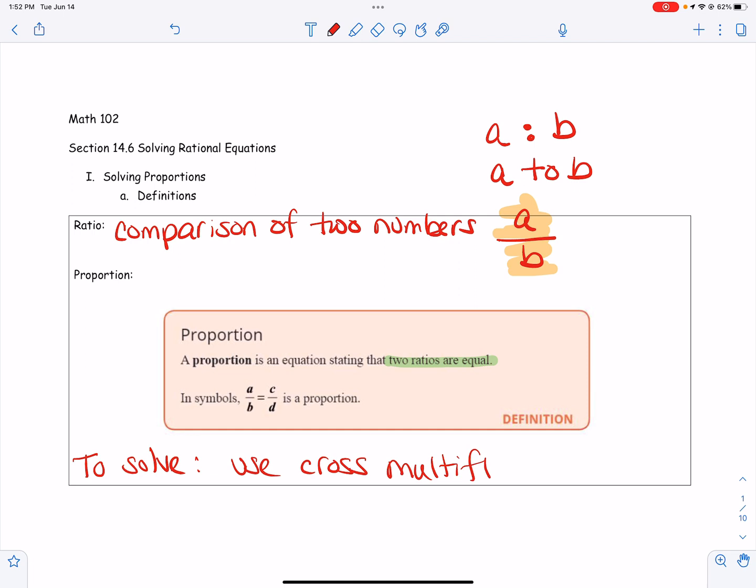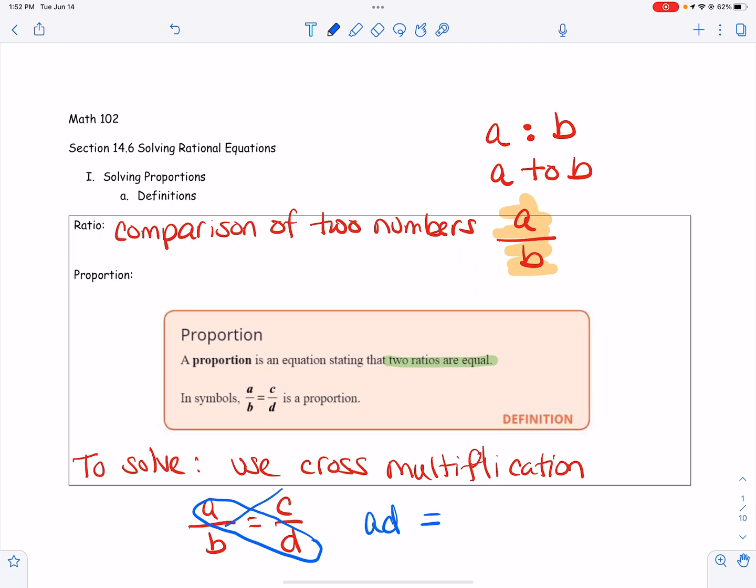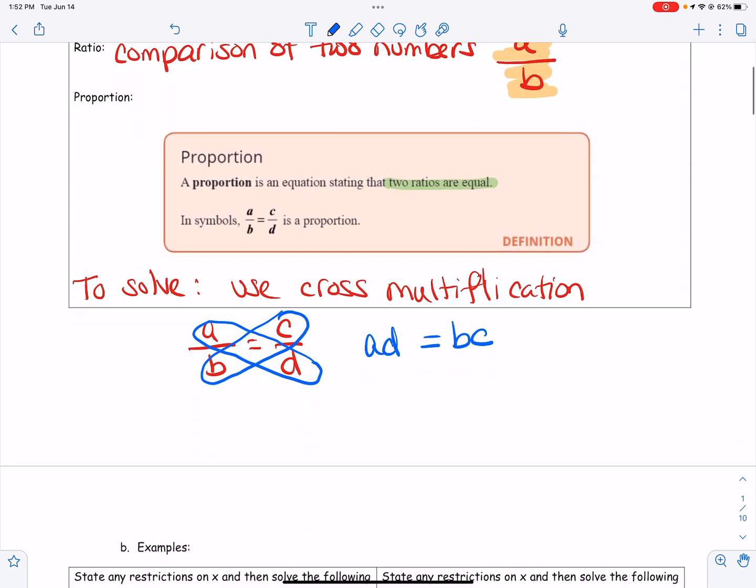So if A over B is equal to C over D, then A times D is going to equal B times C. And that's how we're going to solve it.